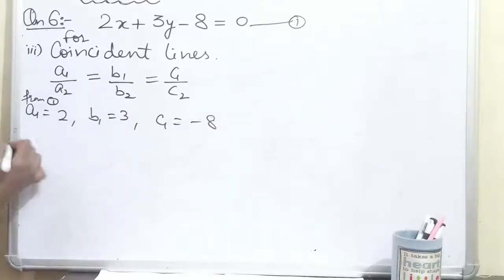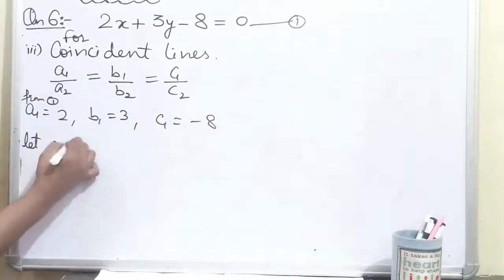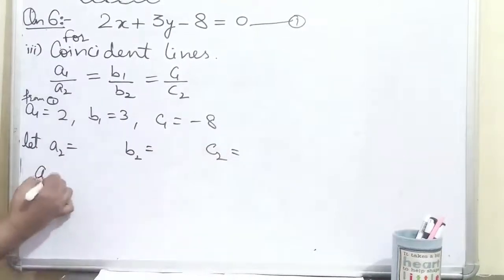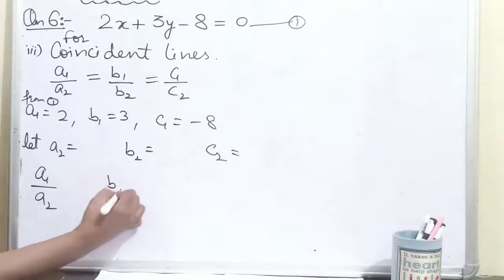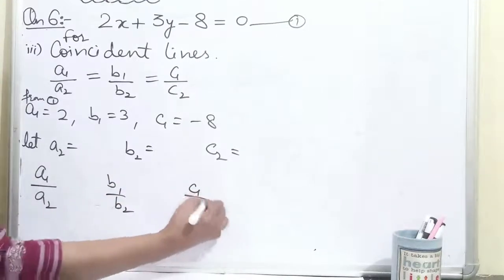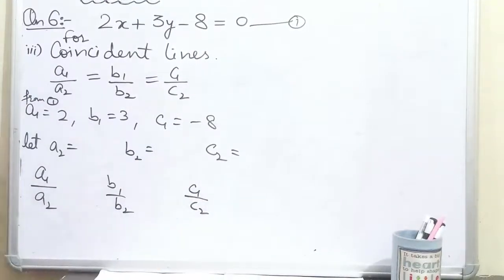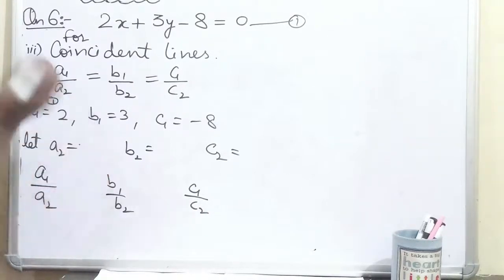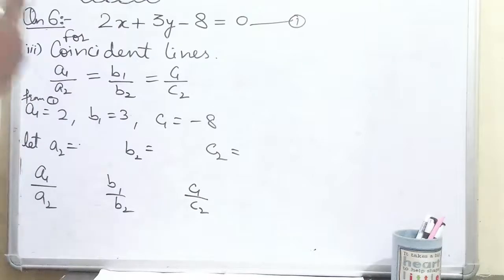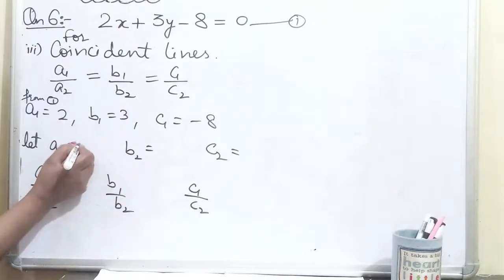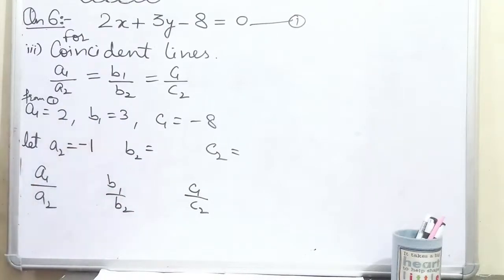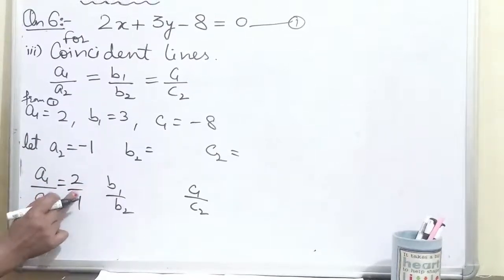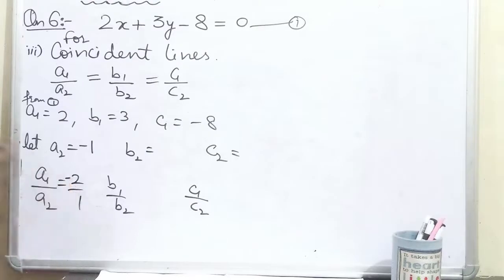So we want to get the values of A2, B2 and C2 in such a way that the ratios should be equal. Suppose I take 4. We have already taken 4 in the second case, so we can try a new one. Let us suppose here I have -1. So the ratio will be 2 by -1, or we can say -2.